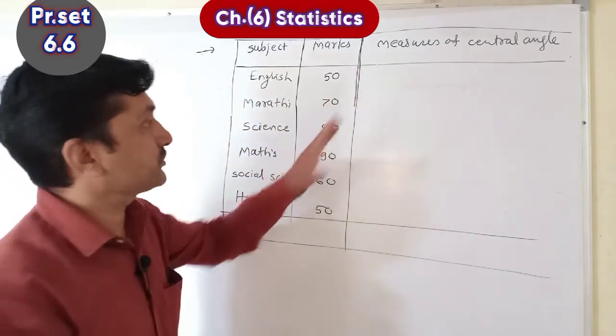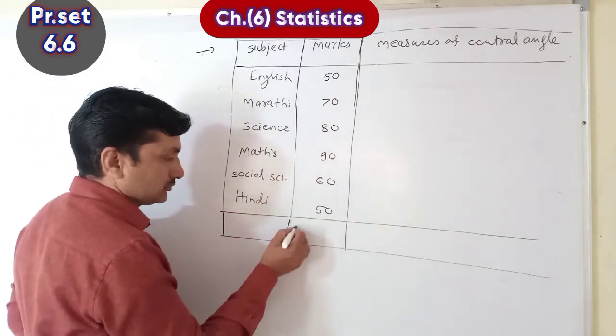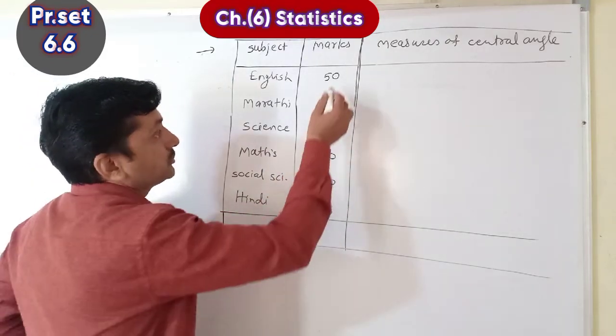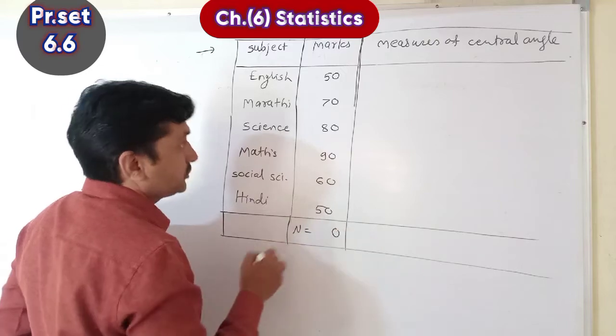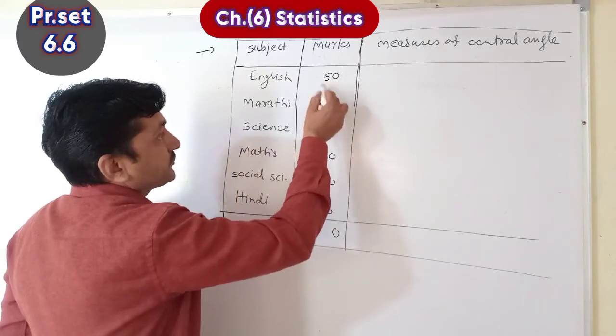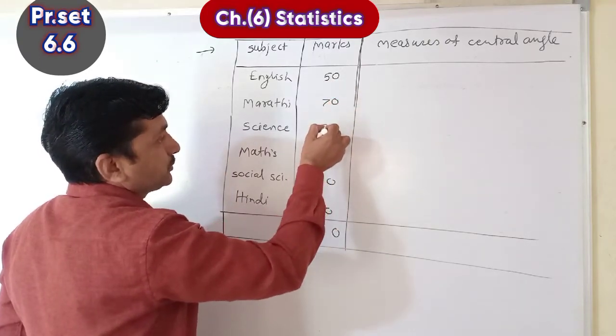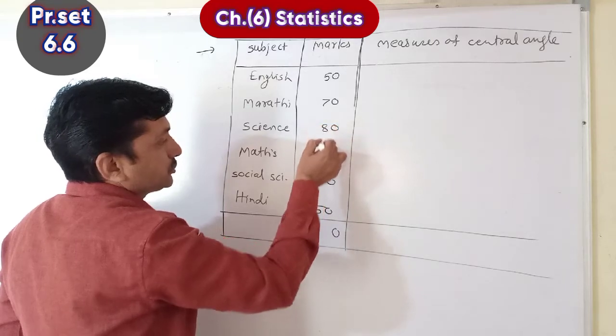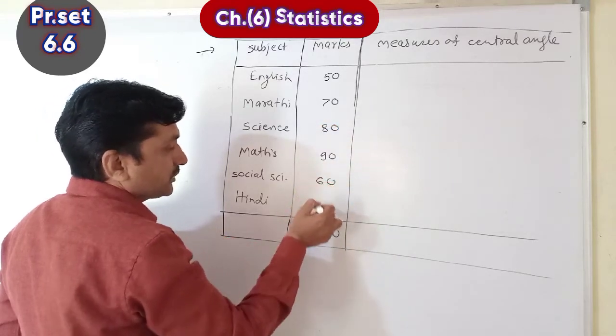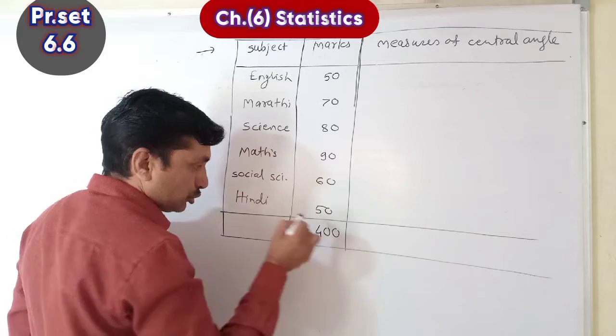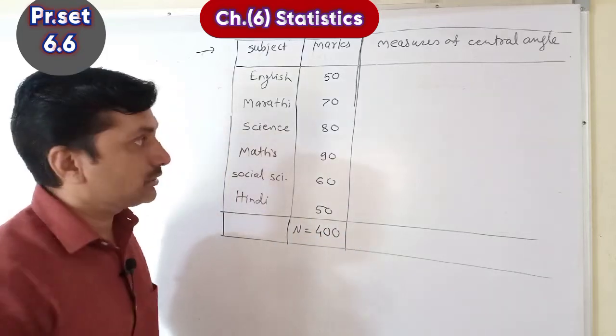Let's find out measures of central angle. First, before that, total we want. 5 plus 7 12, 12 plus 8 20, 29, 35, 40. Total is 400. Okay, now it is easy.